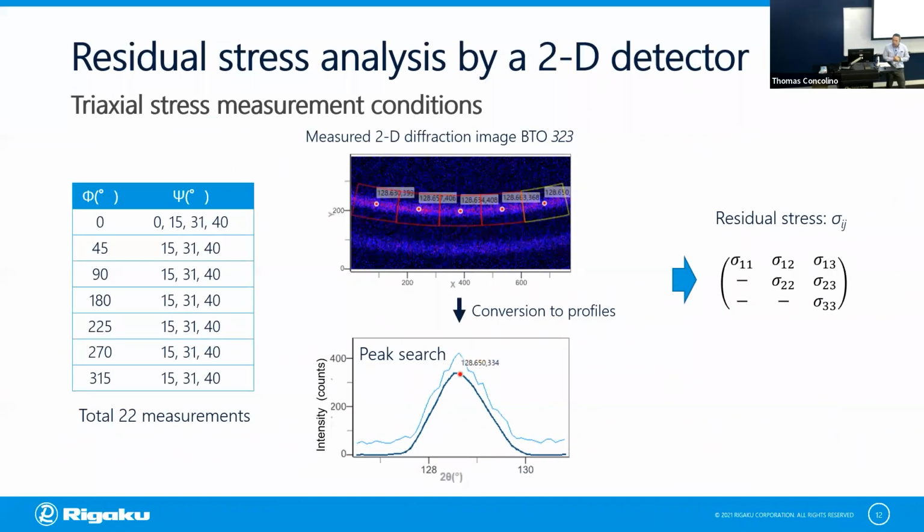And this is how we measure the residual stress by using the 2D detector. As we discussed, you can get part of the Debye ring. This example is the barium titanate 3 1 1 diffraction. Normally we go to very high angle diffraction to get more accuracy in the d-spacing determination, and this is a 2 theta angle of 128 degrees.